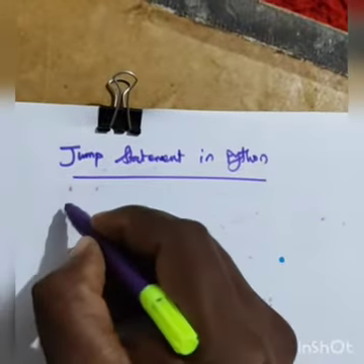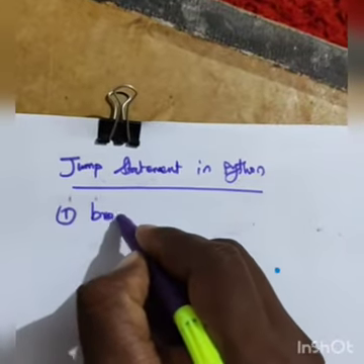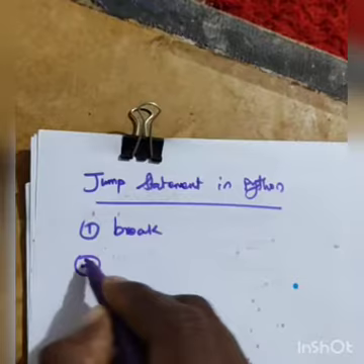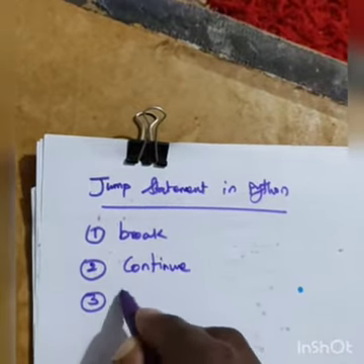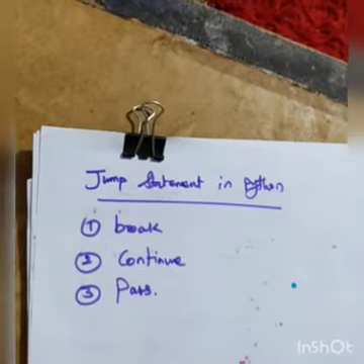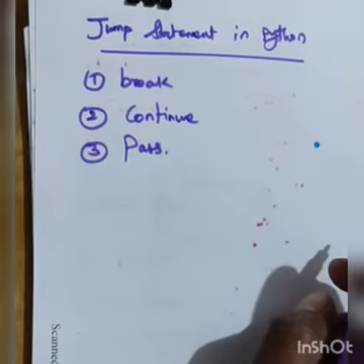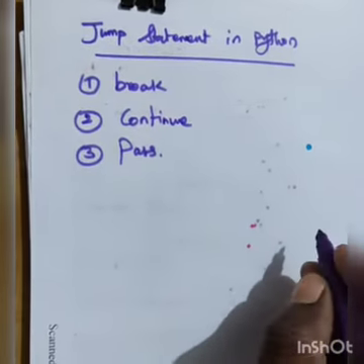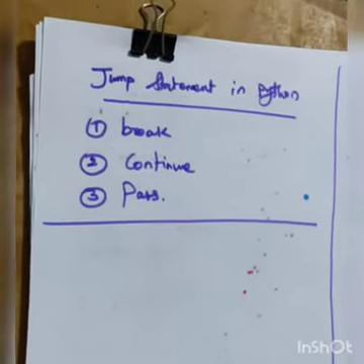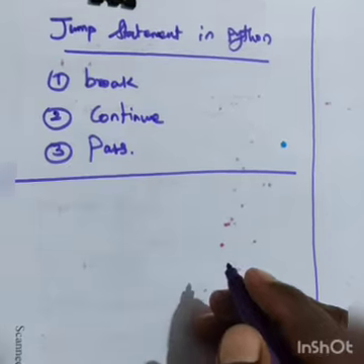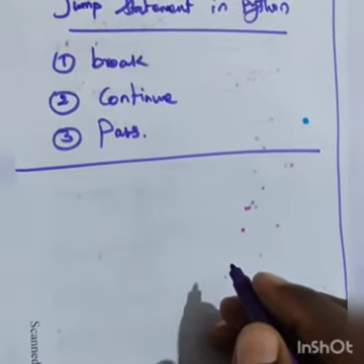There are 3 jump statements: one is break, second is continue, then third is pass. These three statements in Python are jump statements. I will explain them one by one, so listen very carefully. When these three statements finish, this chapter is over.